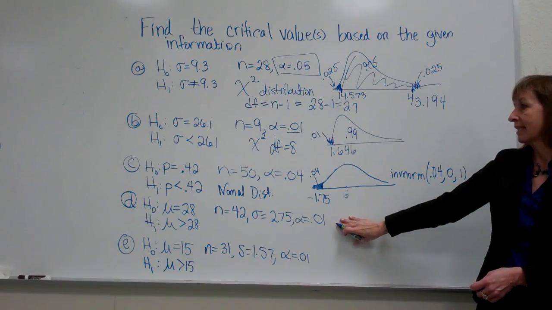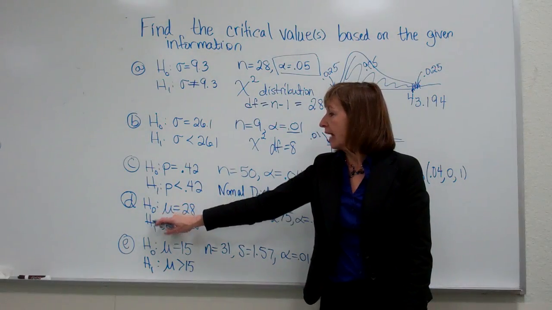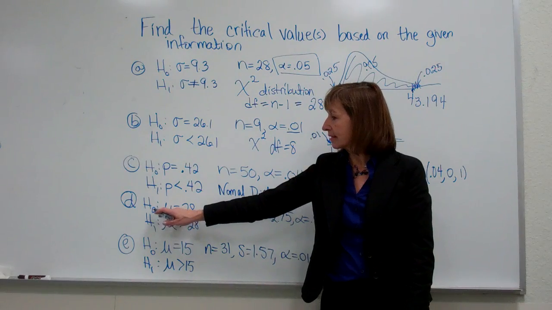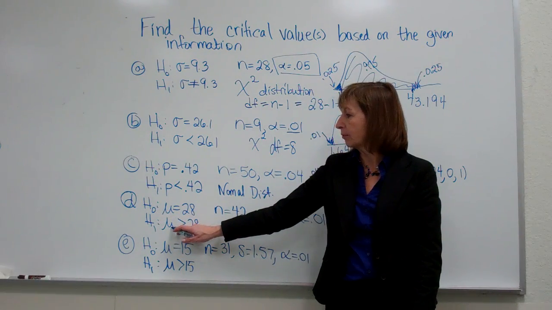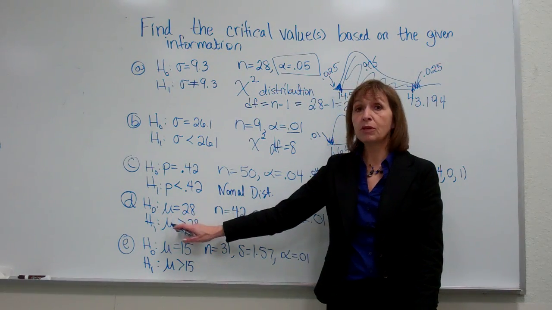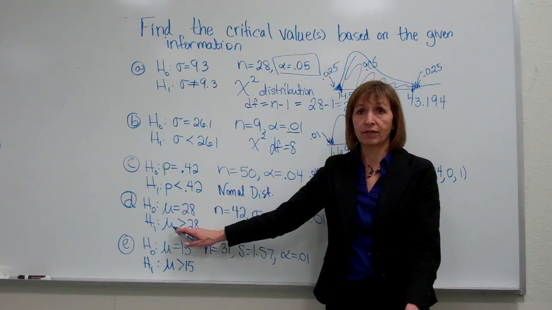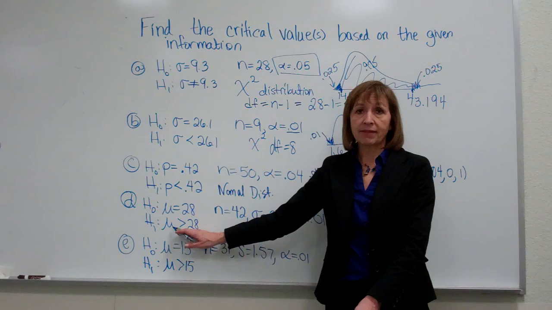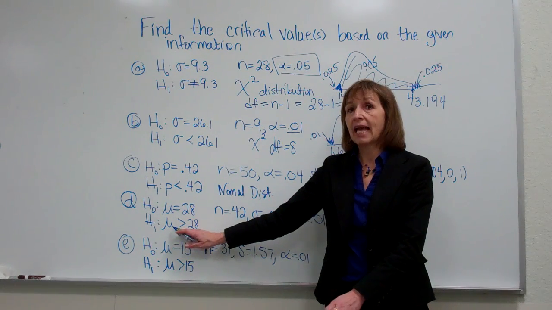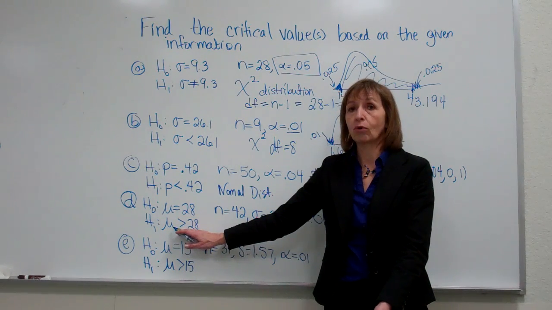Part D is next. In part D, we're doing an alternate hypothesis, a hypothesis test about the population parameter mu. Now with mu, I have to find out whether I know the population standard deviation or not. Because if I'm doing a hypothesis test concerning the mean of the population, and I know the standard deviation of the population, I use the normal curve.